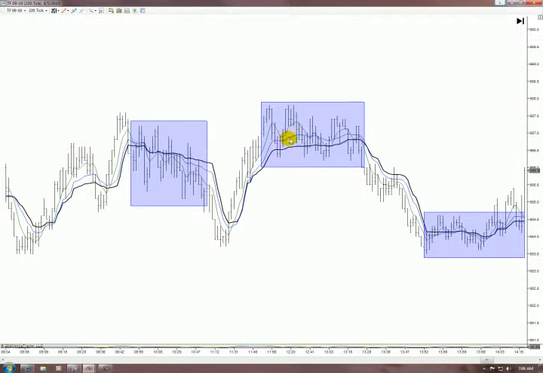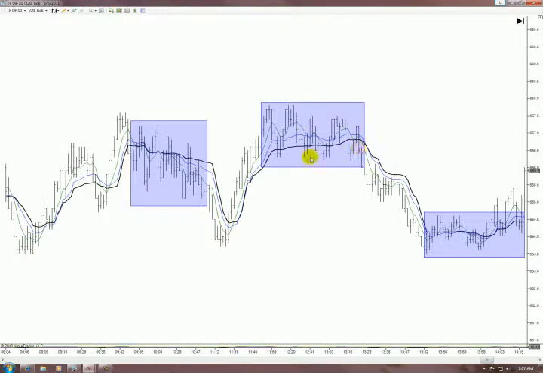You're not looking necessarily at trend, you're looking for bias, because as you come out of a trend and into congestion, you don't know you're in congestion yet, and you need something to tell you what you should be looking for. It'll at least keep you on the better side of the market.